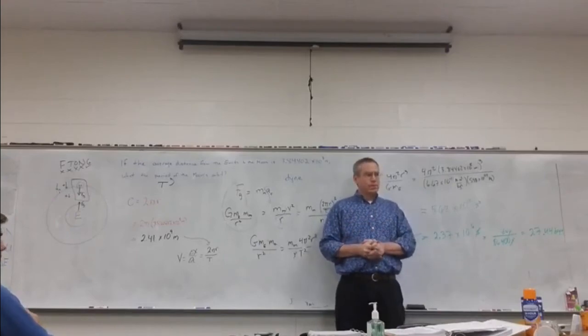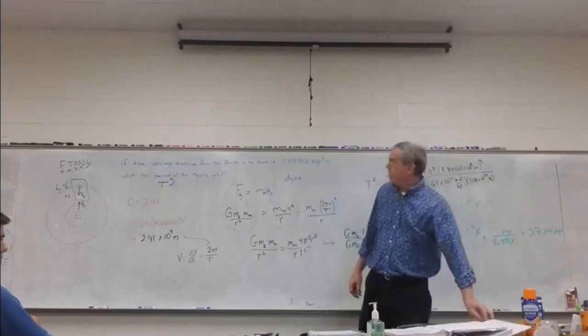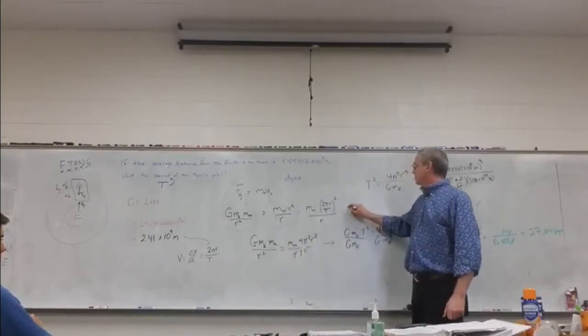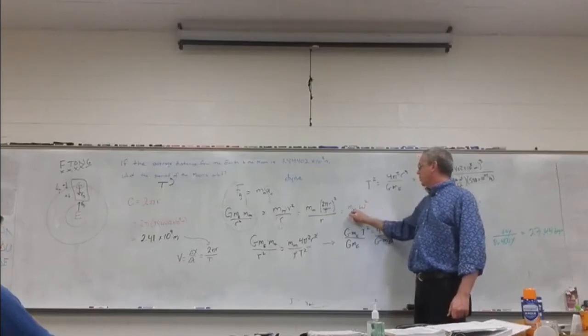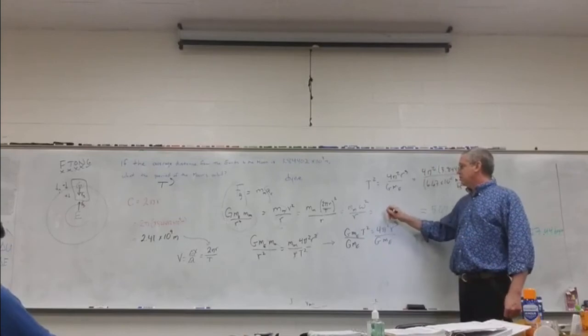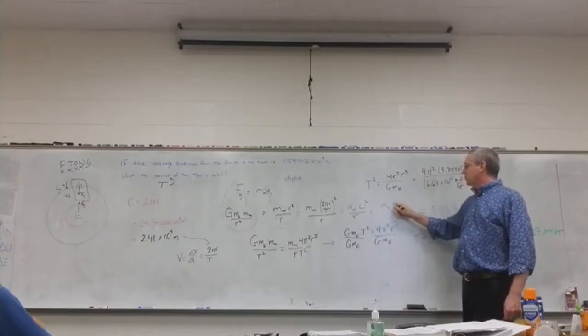Could we use omega, the angular velocity, for this one? You could, if you went the omega route. So this is the mass of the moon times omega squared r.